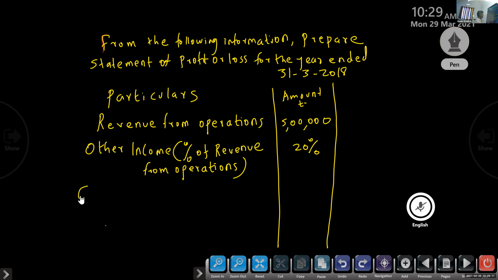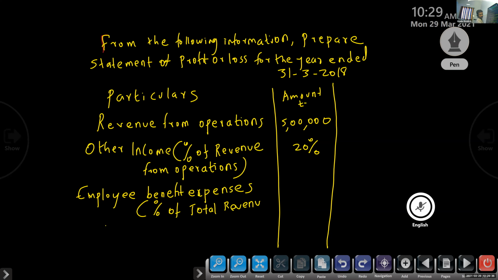Then employee benefit expenses, that is a percentage of total revenue, 30%.